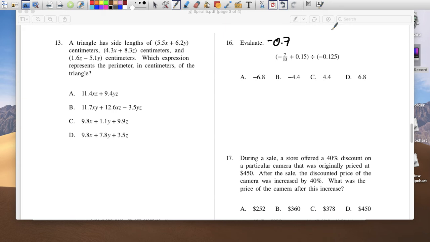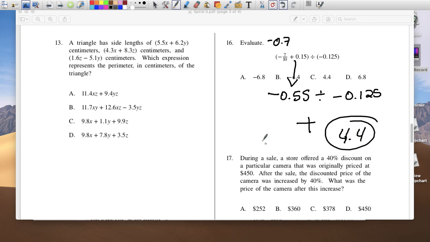So -0.7 plus 0.15 is going to give me -0.55 divided by -0.125. I know a negative divided by a negative is a positive, so now I just have to divide 0.55 by 0.125, and that's going to give us positive 4.4. So, okay, that's it. So, C.